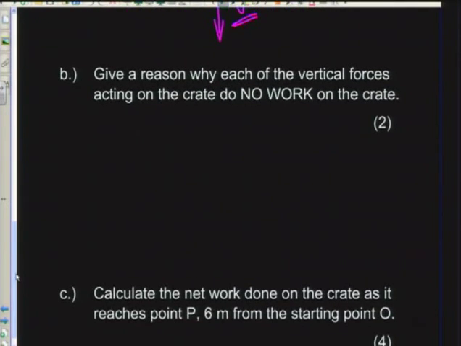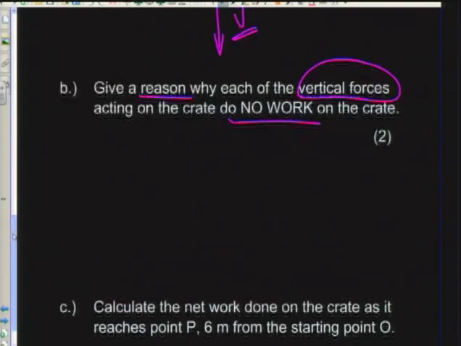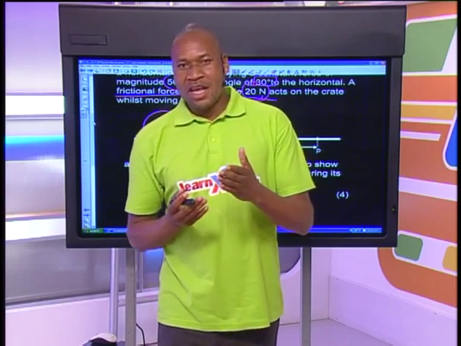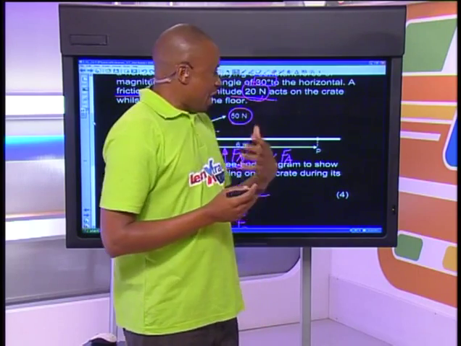Next question: give a reason why each of the vertical forces is doing no work on the crate. Now, what you need to know is that work is only done by a force on an object if the force and the displacement of the object are in the same direction. If the force acting on an object is perpendicular to the displacement, or the direction of motion of that object, that force is doing no work.